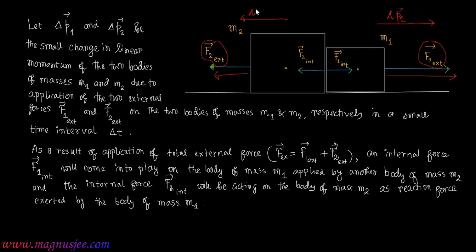Similarly, the linear momentum of the body of mass m2 will change by the amount delta vector p2, and vector F1 int and vector F2 int will be acting towards right and left on the bodies of masses m1 and m2.